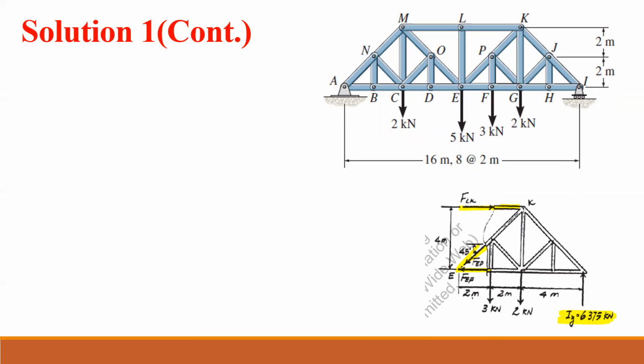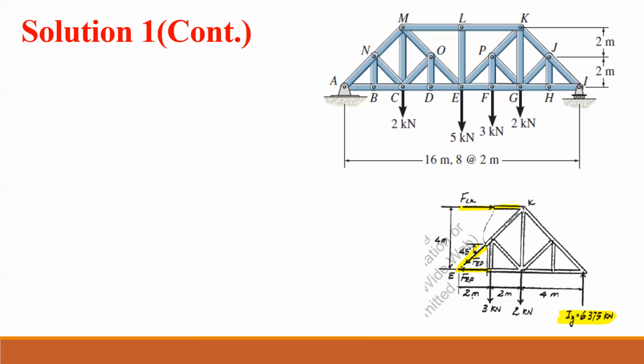All right, so I need to decide which point is a good point to take the moment about. What do you think? I usually use the point that at least two forces go through, so I can get rid of those forces.